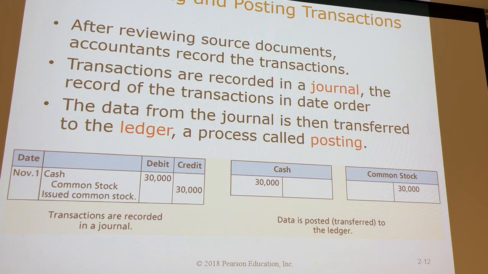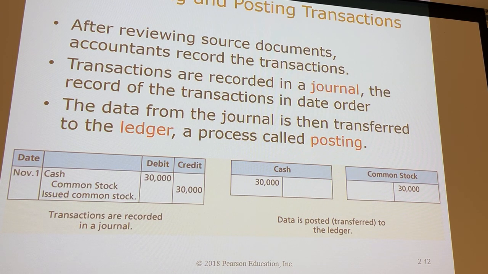Then you put the credit account, and in the credit column, you put $30,000 for common stock. And then below that, you typically put an explanation that tells you why you had that transaction. So here, the explanation would be issued common stock.